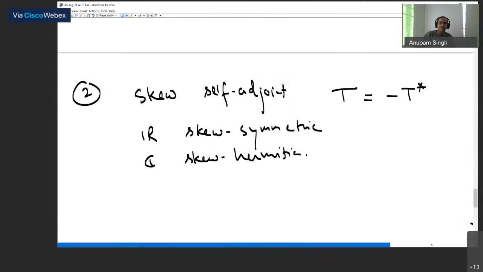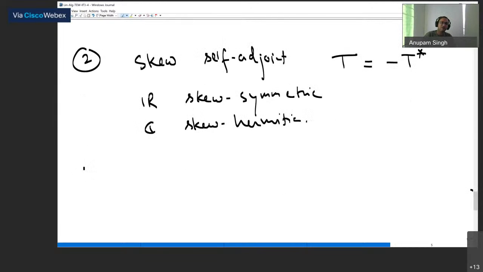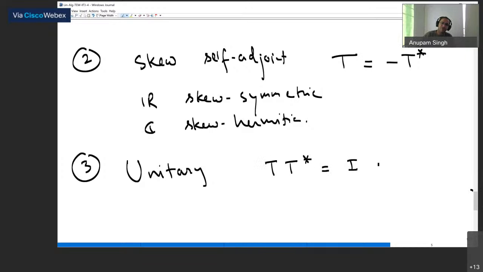And the third, quite important example which it includes is what is called a unitary operator. More generally, this is called unitary, and the unitary operator is the one for which T times T star is the identity, which is equal to T star times T.